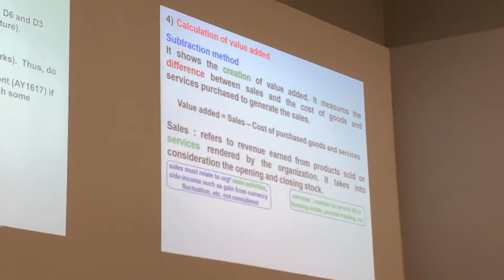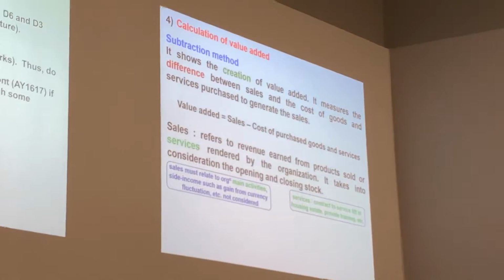You need to know everything about value added calculation because when I ask questions in your term test, it's not just going to be calculation questions. I will ask you what is the basis of the addition method, what is the basis of the subtraction method, all this sort of thing. So you need to know everything inside out.